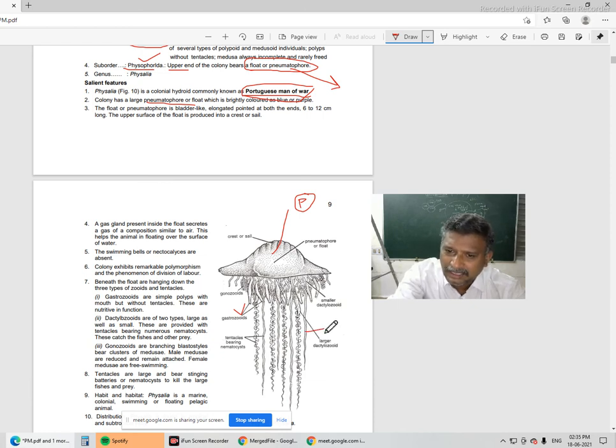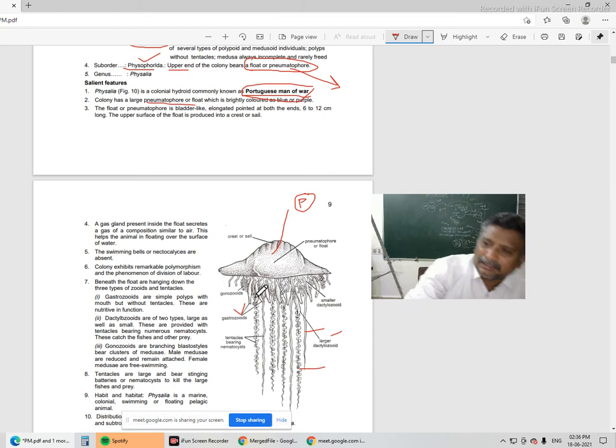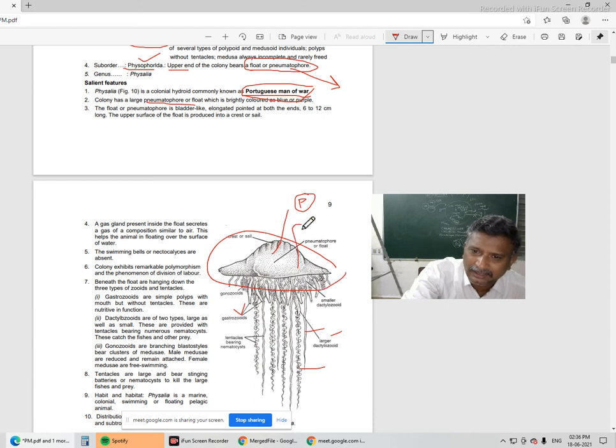They may also have bracts. Coiled tentacles, bracts, dactylozoids and gastrozoids are all present at the bottom. In the upper surface or anterior part, an elongated sac-like structure is there. This is called the nematophore.